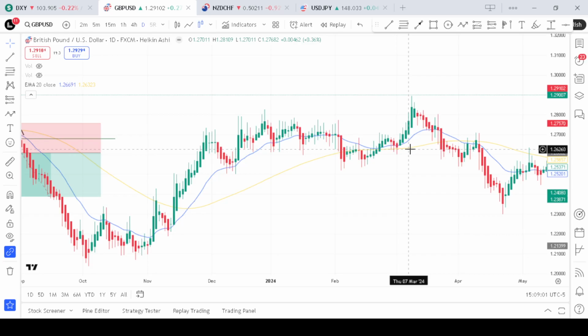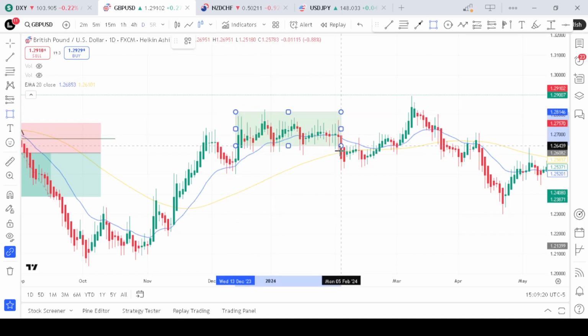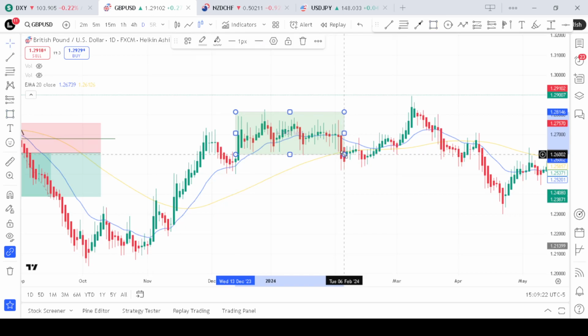This suggests that neither buyers nor sellers have control, which could lead to a trend reversal. So be conscious during this period and avoid entering new trades until the market's direction becomes clear. This is a pure example of indecision using the Heikin Ashi.